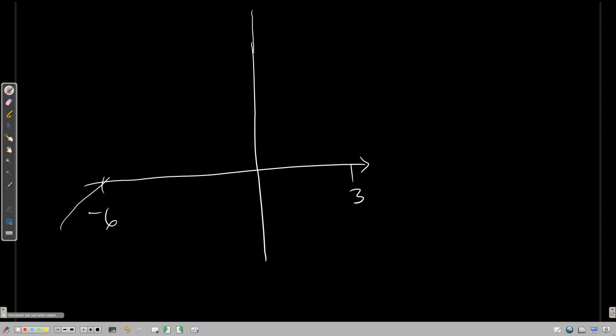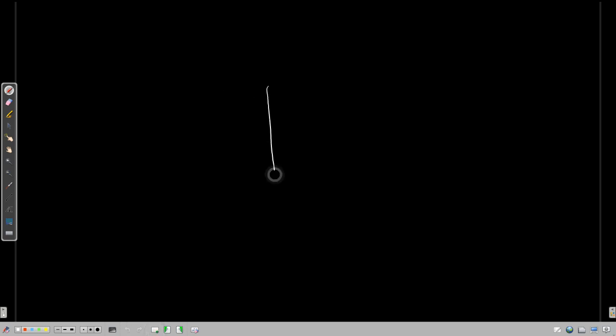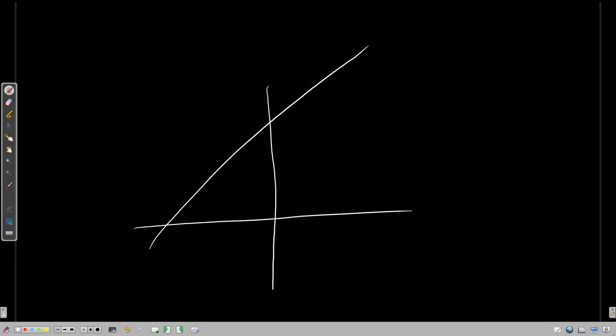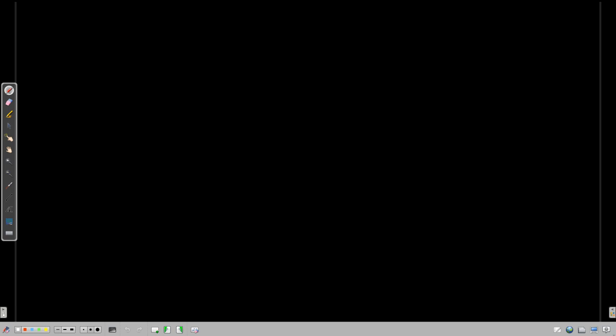So I ran out of room. Let me try again. There's minus 6. That's where it crosses at 6. I didn't really indicate the slope very well, did I?